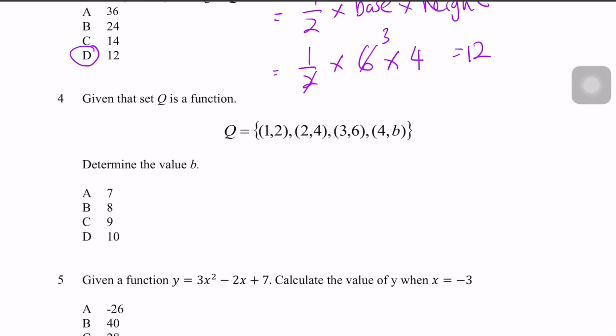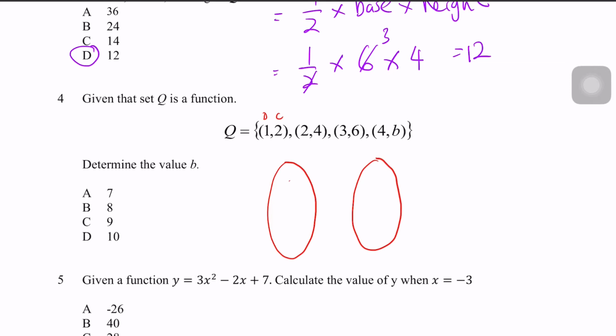Next, given the set Q is a function, determine the value of B. Kalau kita ada set, for revision, kita sebenarnya boleh lukis dia dalam bentuk bulat macam ni. Domain and codomain. This is the domain, this is the codomain, or object and image.